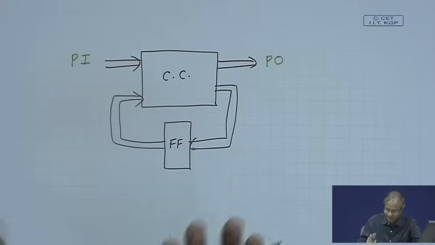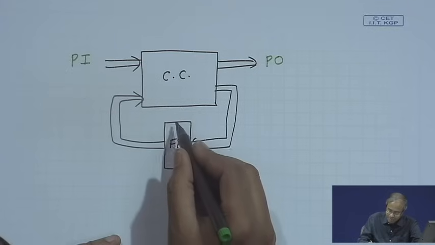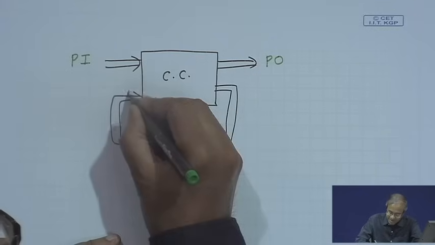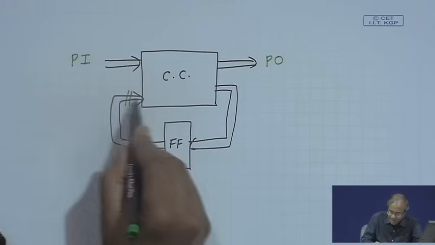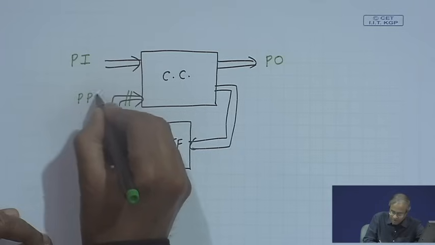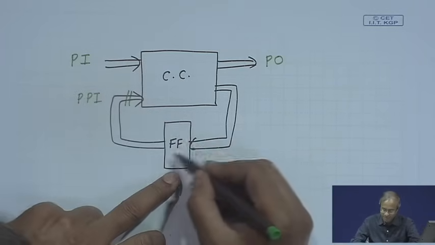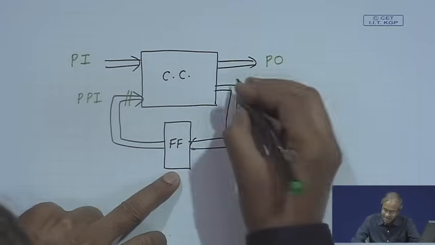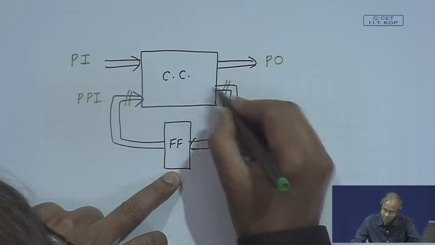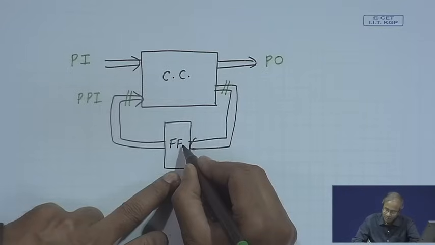But if we have a mechanism, let us assume we have, that we can initialize flip flops to any value we want easily, then you can say that these inputs also can be easily set. We call them pseudo primary inputs. Similarly, when we say we can observe the values of flip flops easily, it is as if we are saying that we can observe these outputs of the combinational circuit also, because it is these outputs that are going to the flip flop.